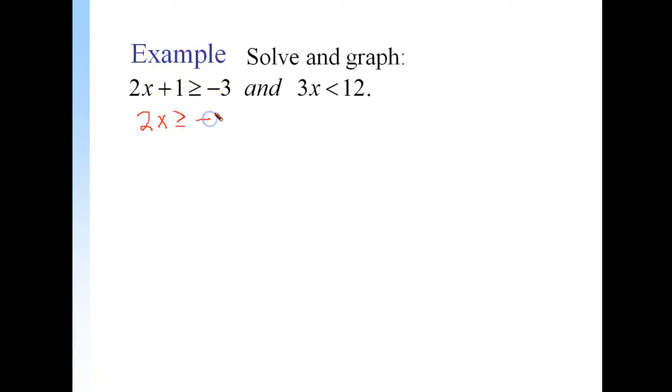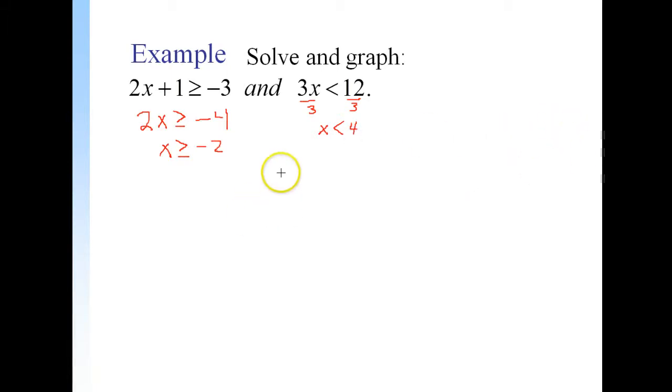That makes it a negative 4 over there, because the positive 1 on this side becomes a negative 1. And I'm going to divide both sides by 2. So x is greater or equal to negative 2. And here, this one, we're going to divide both sides by 3. We're going to get x is less than 4.